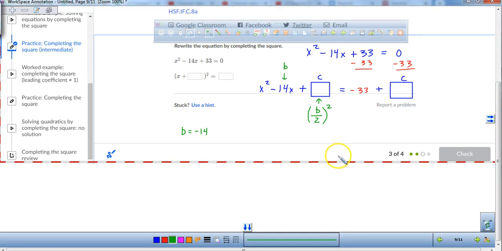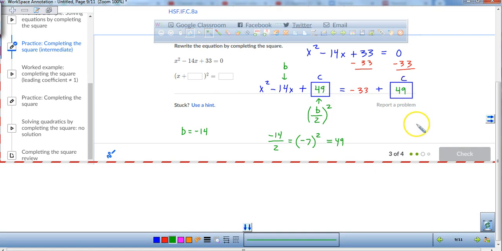So we take negative 14, take half of it, which becomes negative 7, and then square it and get 49. And that's the number I'm going to put here and here.